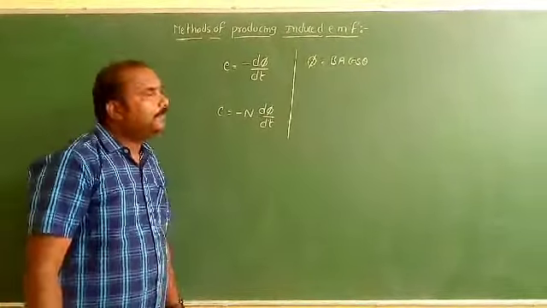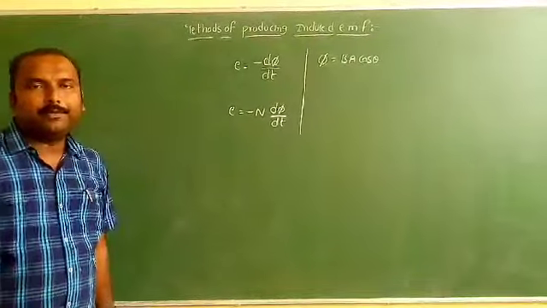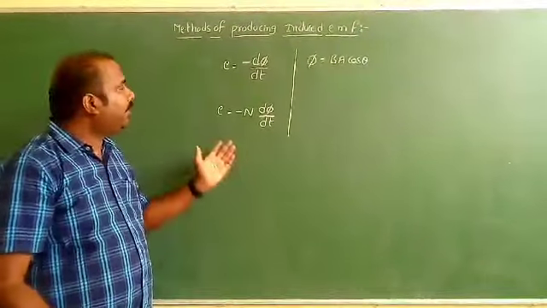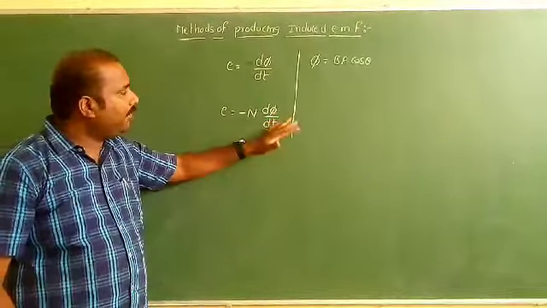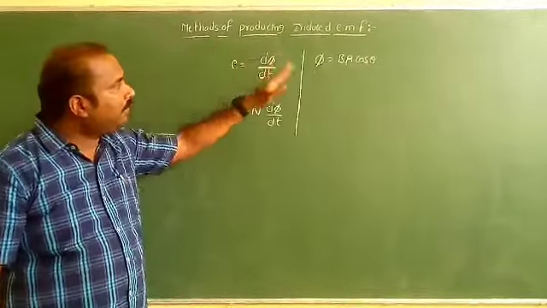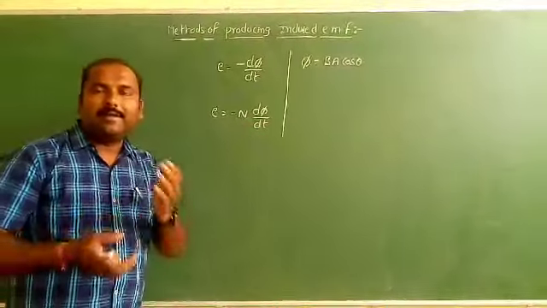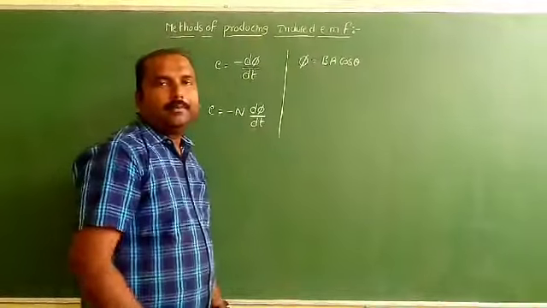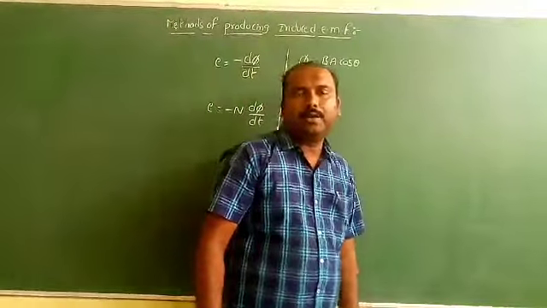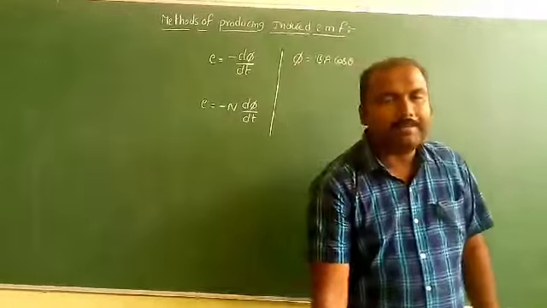So finally, the induced EMF can be produced by either varying the number of turns, or varying the magnetic flux, or varying the area, or by changing the angle. By all these methods, you can produce induced EMF.